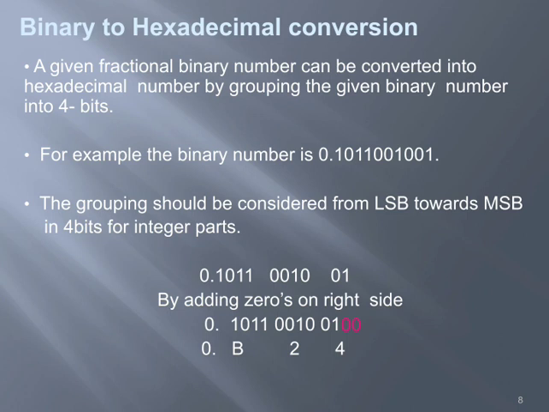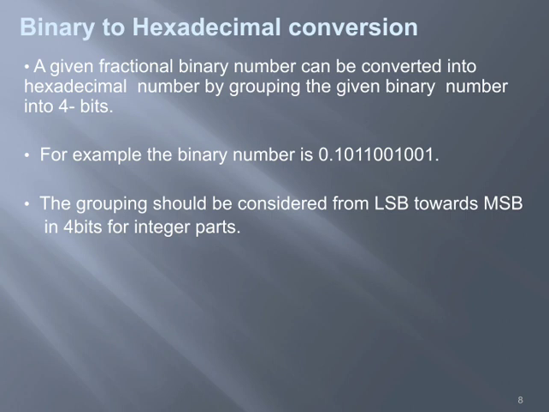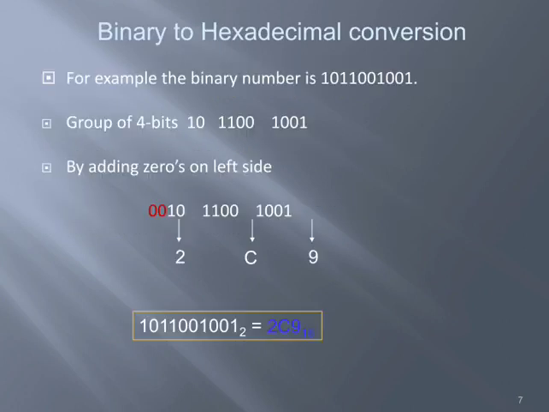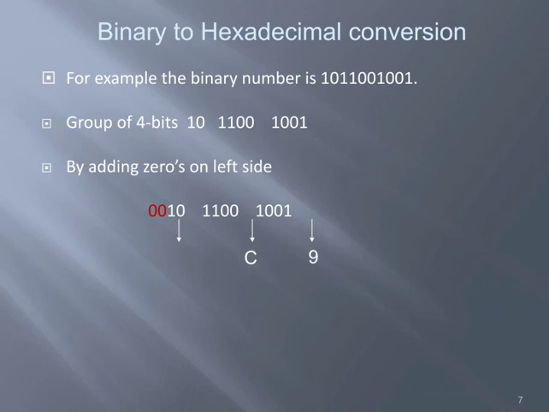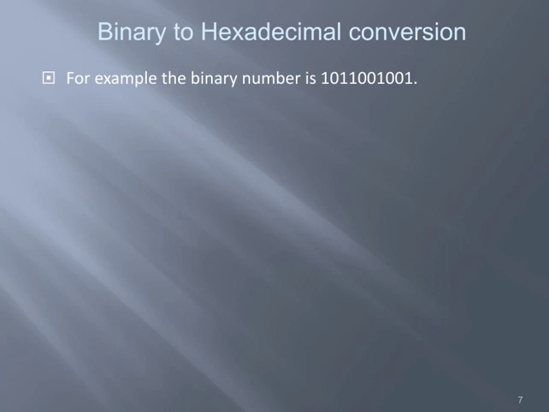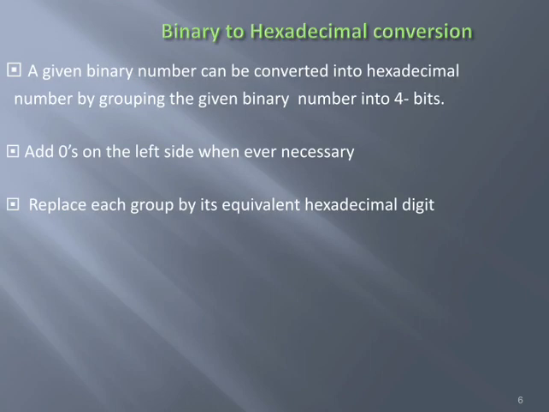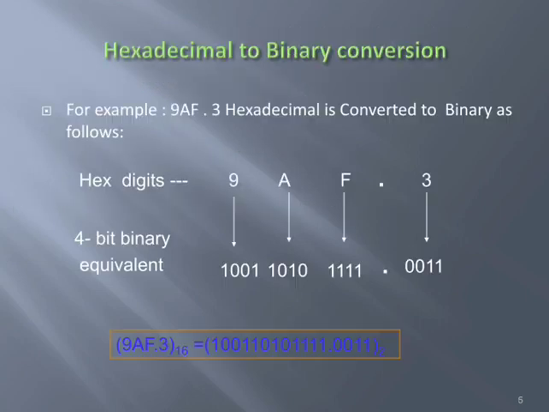So this is the procedure of converting a given binary number into a hexadecimal number. I repeat once again the conversion of first hexadecimal to binary, and then binary to hexadecimal. First, how to convert hexadecimal to binary?